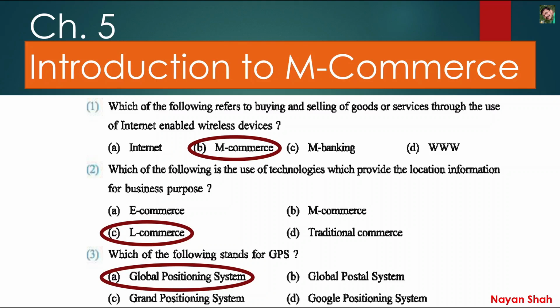Three satellites find the location of our mobile, and then the average location of these three satellites' locations is considered as our mobile's location, and that process is known as triangulation. Do remember this, that the process of finding any mobile location using three satellites is called triangulation.